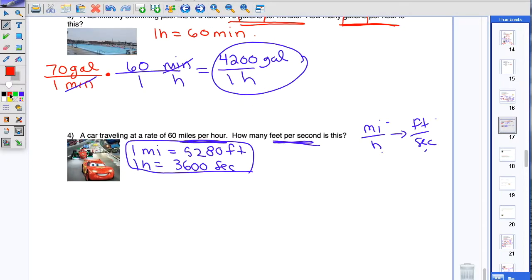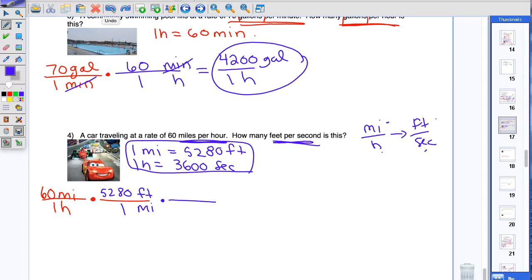Start with your original, 60 miles over 1 hour, times, and we'll start by going from miles to feet. So miles is in the numerator, we want it to end up in the denominator so we can cross cancel, feet in the numerator. Fill in your number, so 1 mile is 5,280 feet. Multiply by your second conversion factor for your time.